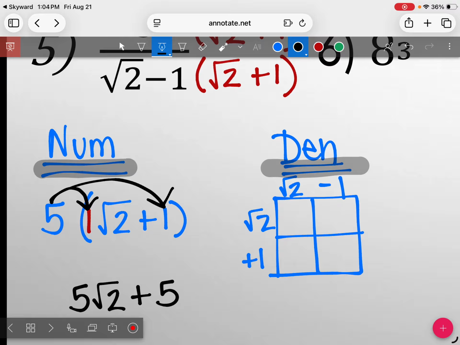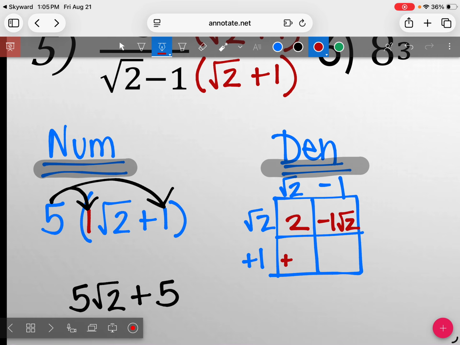All right, now let's find our denominator. The square root of 2 times the square root of 2 is the square root of 4. And what's the square root of 4? So this box is just going to have a 2. This box has a negative 1 root 2.